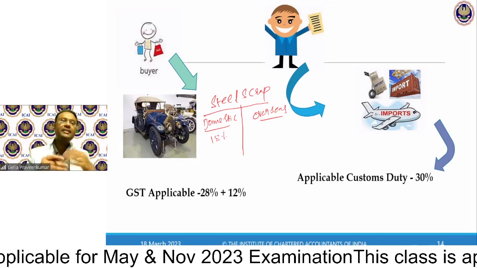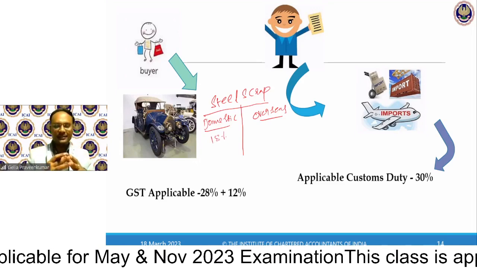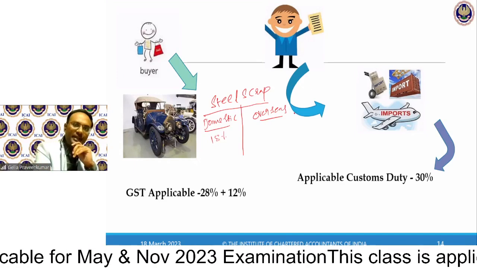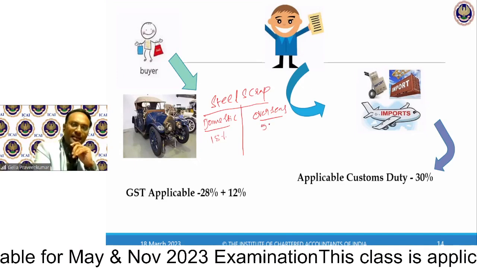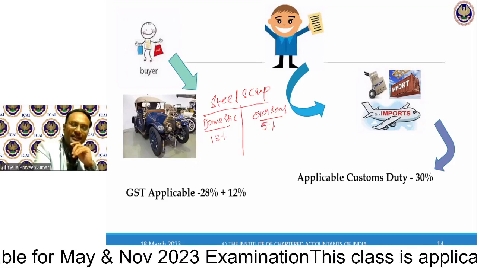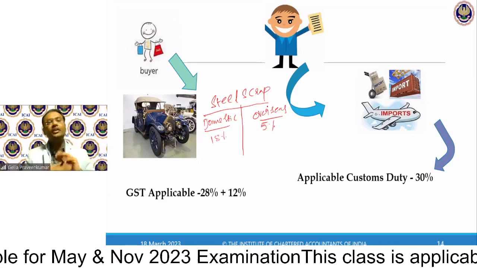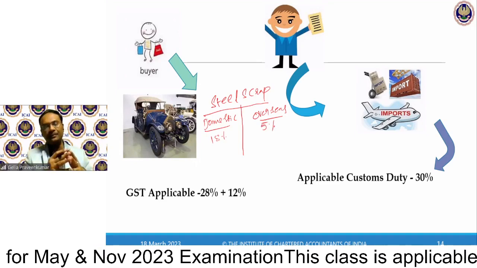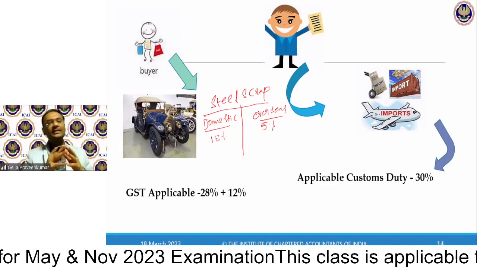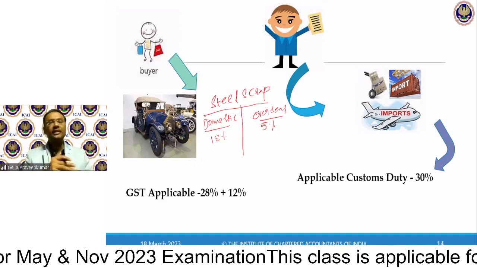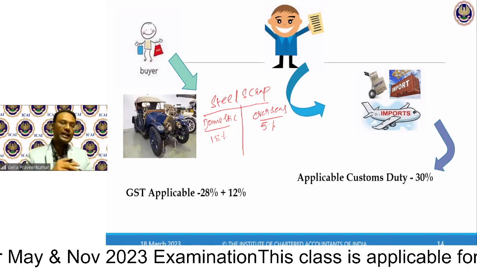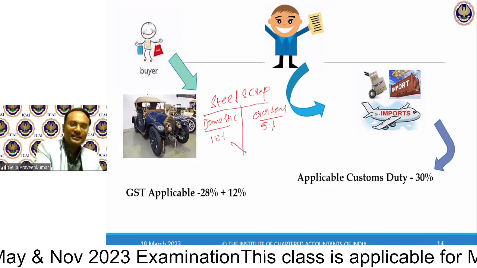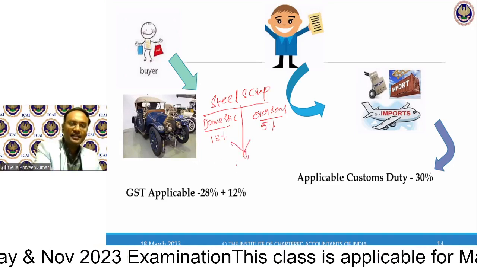If the steel scrap is generated out of any manufacturing process, the rate of tax happens to be 18%. And for a moment, the duty, if I import from overseas, is 5%. Now what happens? No one will buy the scrap available in India. Everyone will buy the steel scrap which is imported into India. What is going to happen? There's an imbalance. I call this a trade imbalance.